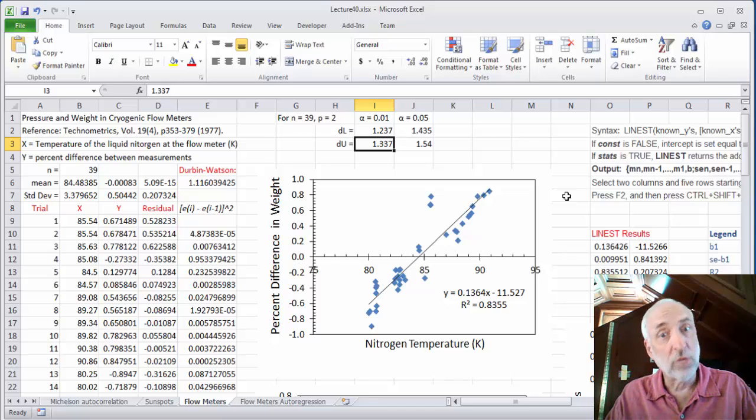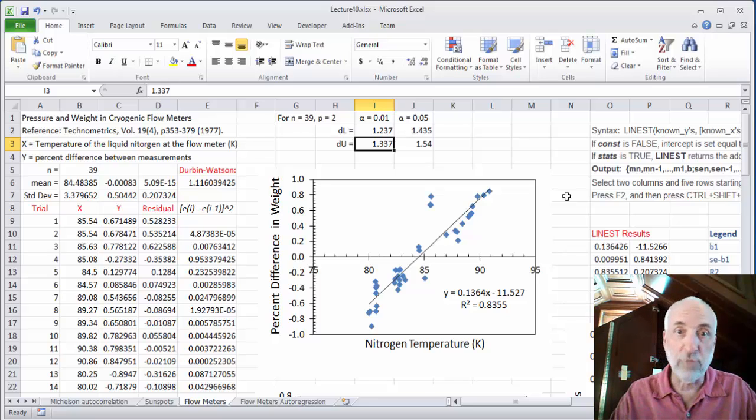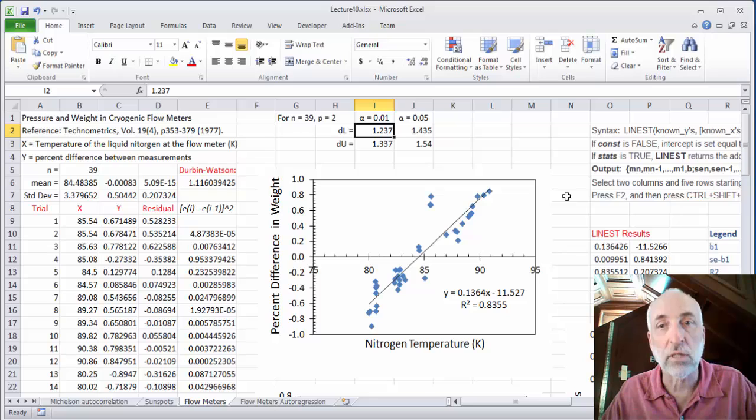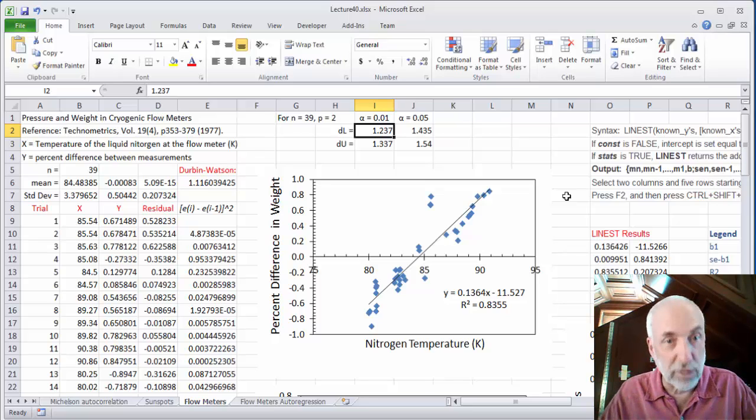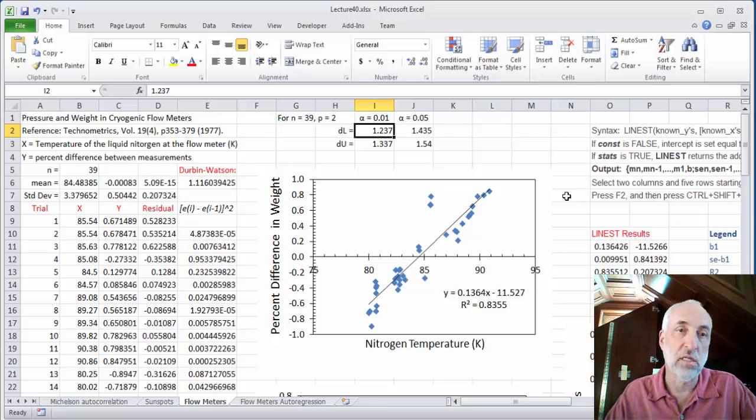If the Durbin Watson statistic were greater than 1.337, that is, closer to 2, that means uncorrelated, and we would not be able to reject the null hypothesis that our residuals are uncorrelated. However, if we are less than the lower limit, that means we can reject the null hypothesis that the residuals are uncorrelated.